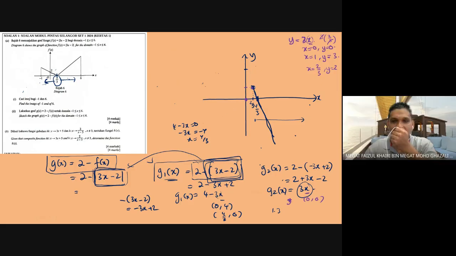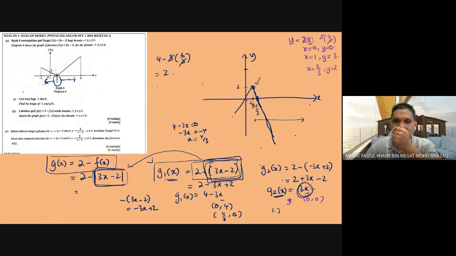Okay, so now look at this point. This is where x equals 2 over 3. So let's see if this is also shared by the function g1, which is 4 minus 3x. When x is 2 over 3, 3 times 2 over 3 is 2, so 4 minus 2 equals 2.